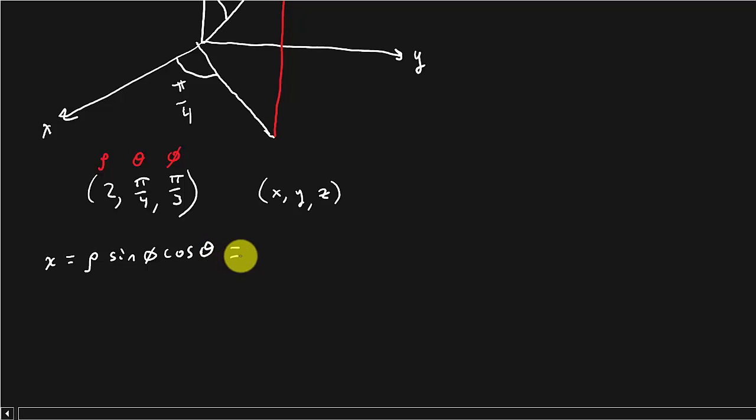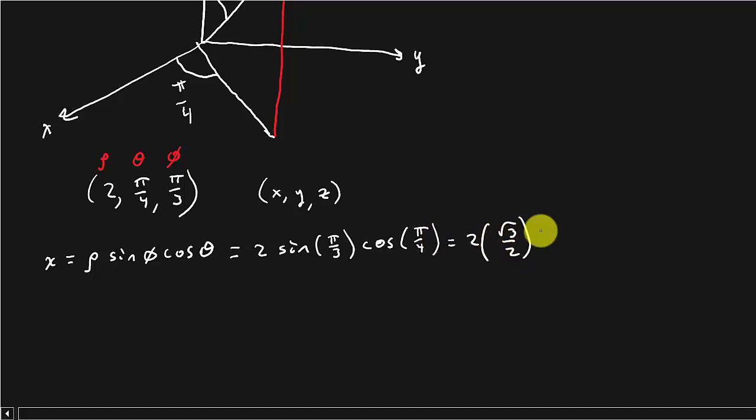And so that's 2 times sine phi, which is pi over 3, times cosine theta, theta is pi over 4. And so that's going to be 2 times the sine of pi over 3, that's square root of 3 over 2, times cosine pi over 4, square root of 2 over 2. And so that's going to give us square root of 6 over 2.